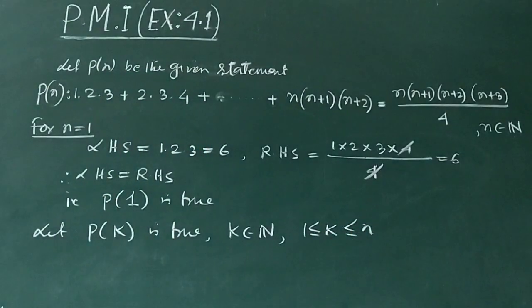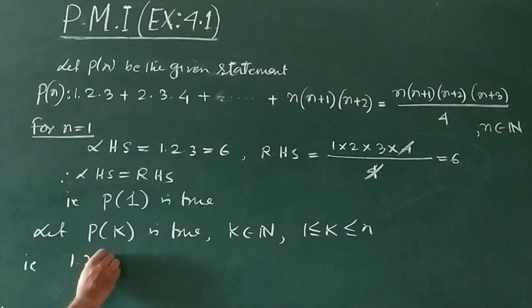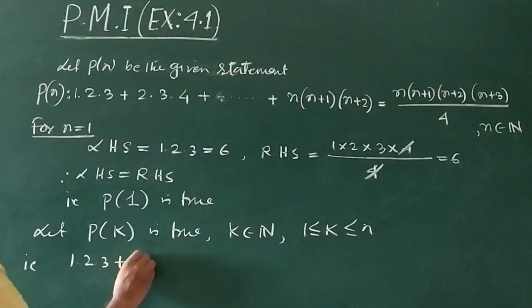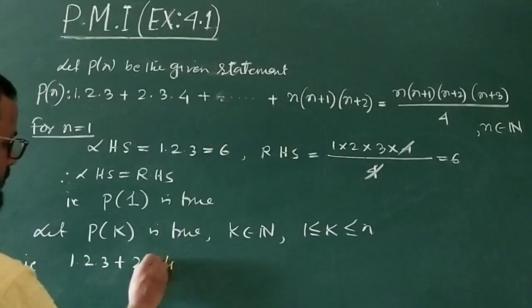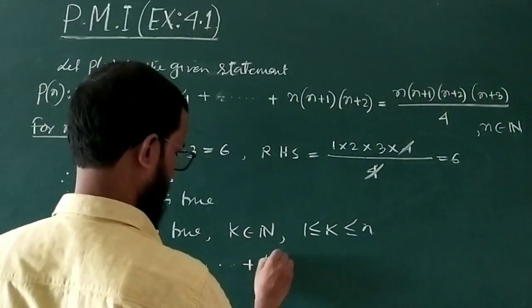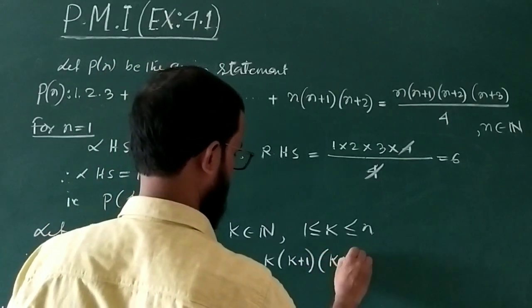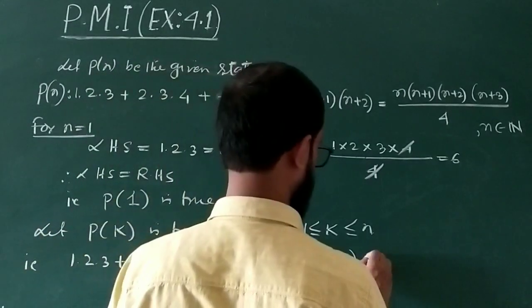Okay, Pk is true means what? What you understand? Pk means what? Left hand side क्या होगा? 1 into 2 into 3 plus 2 into 3 into 4 plus dot dot dot, and ये क्या होगा? K into K plus 1 into K plus 2 equal to right hand side क्या होगा?